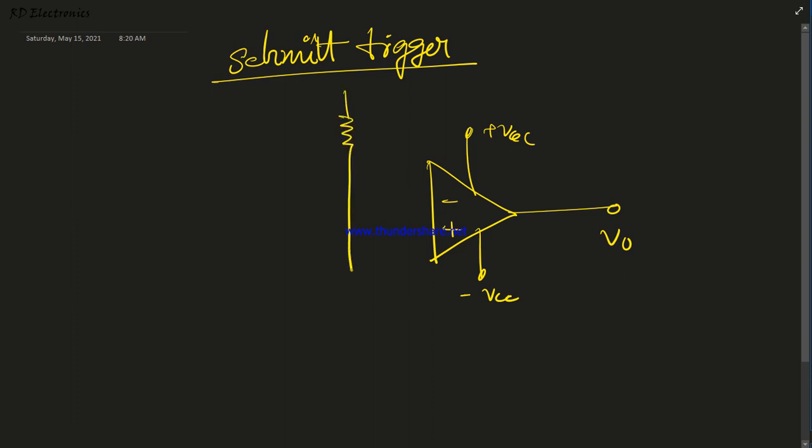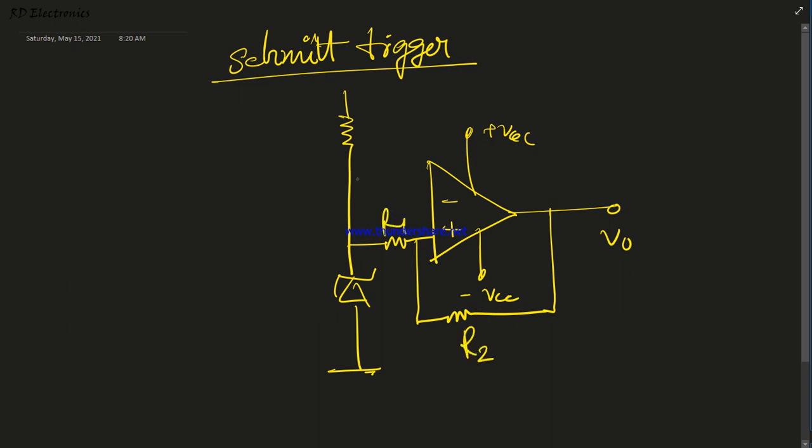Here we connect one Zener diode, and two feedback resistors are present at the non-inverting terminal. One resistance is R2, another resistance is R1. This is R for Zener diode biasing, and here we apply one input V input. So this is the circuit diagram of the Schmitt trigger circuit.